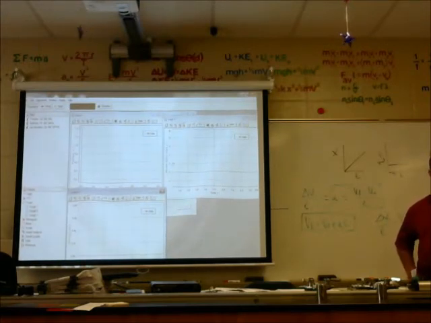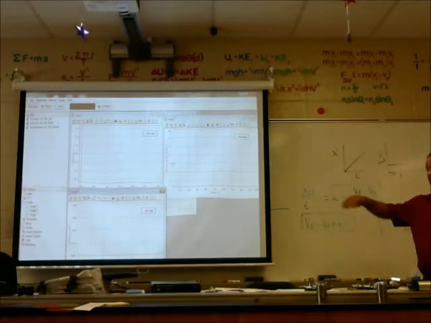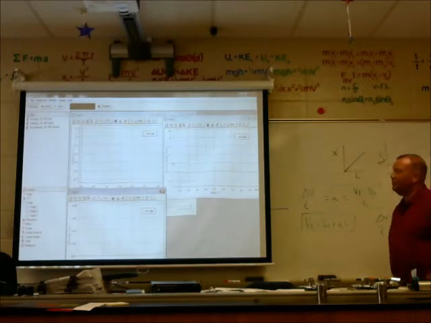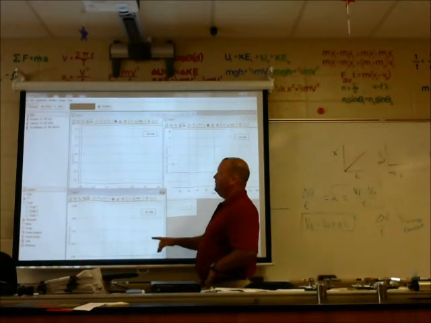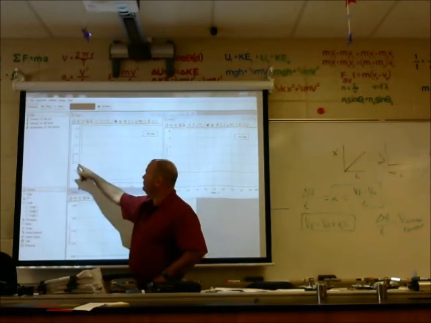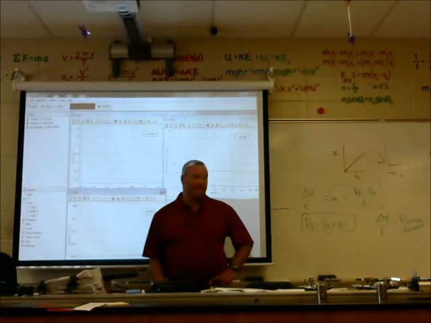It's going to be a line going up or down? Right? In the negative direction, right? So it should have a negative slope. And it should start where? Should start up here, correct?